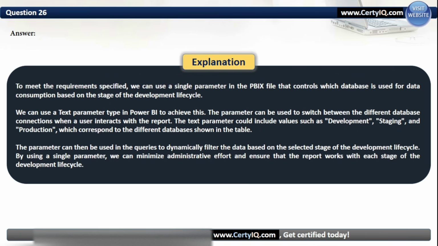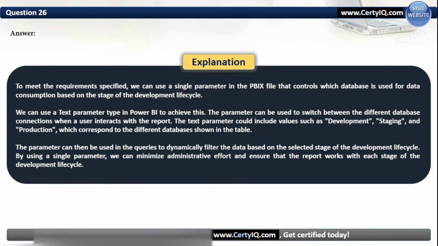To meet the requirements specified, we can use a single parameter in the PBIX file that controls which database is used for data consumption based on the stage of the development lifecycle. We can use a text parameter type in Power BI to achieve this. The parameter can be used to switch between the different database connections.